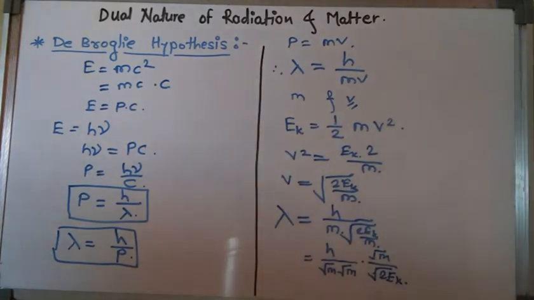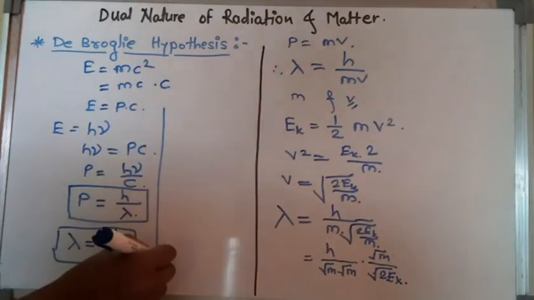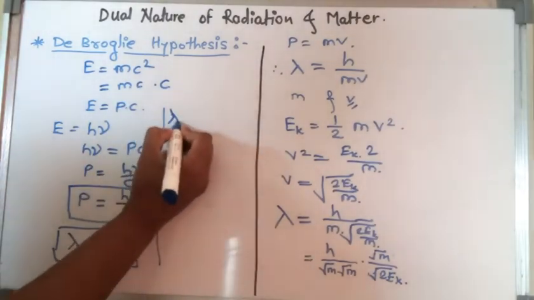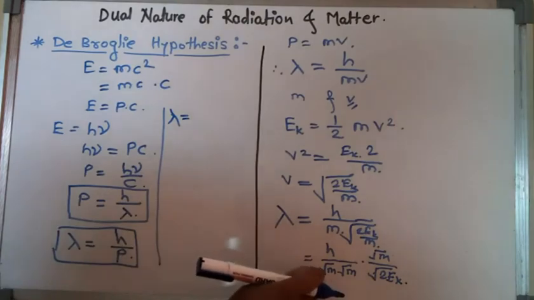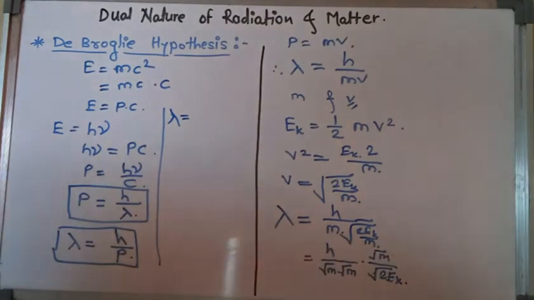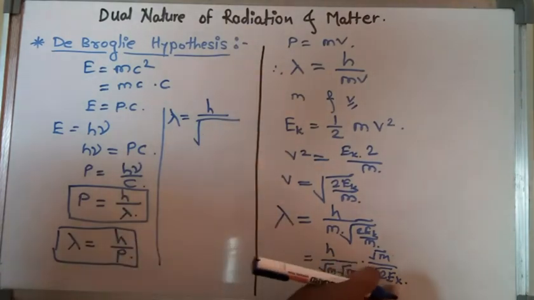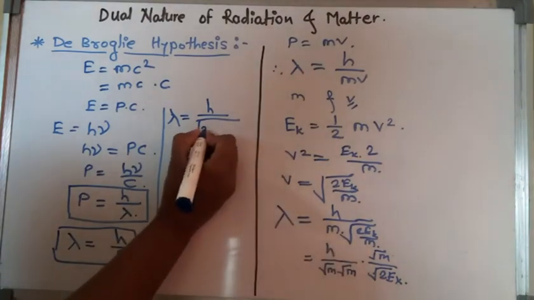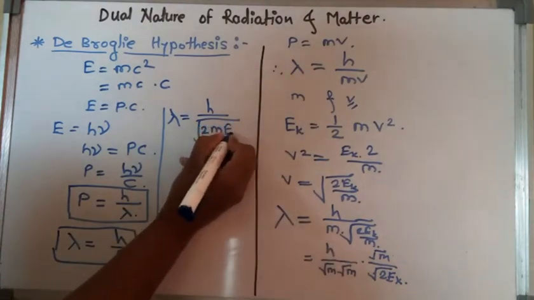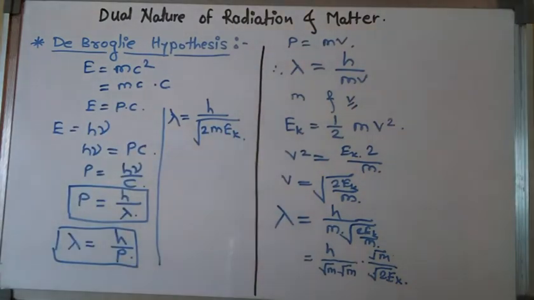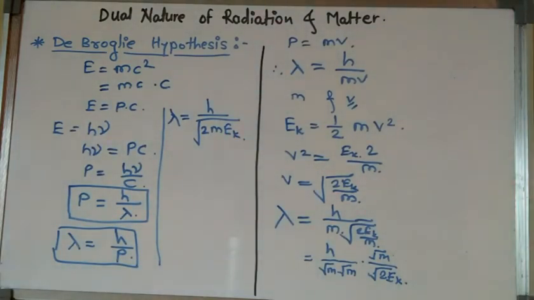Understand? Then next, this lambda is equal to, square root of m gets cancelled, h divided by square root of twice m into Ek. This equation again gives the wavelength in terms of kinetic energy.